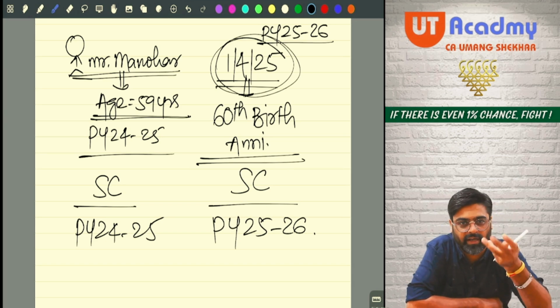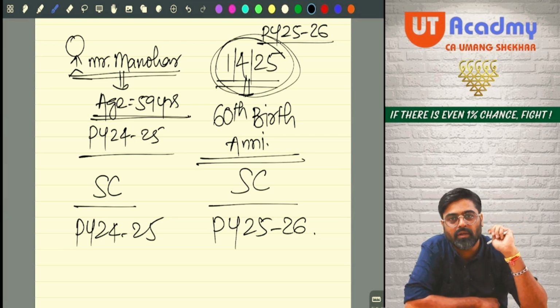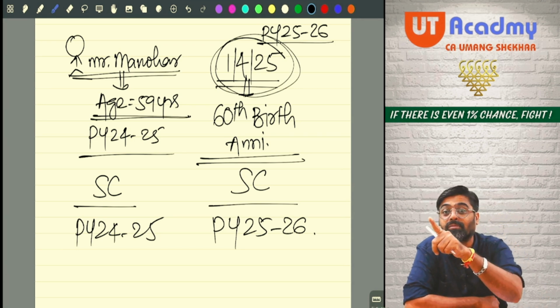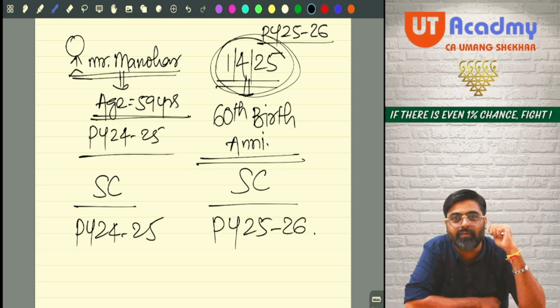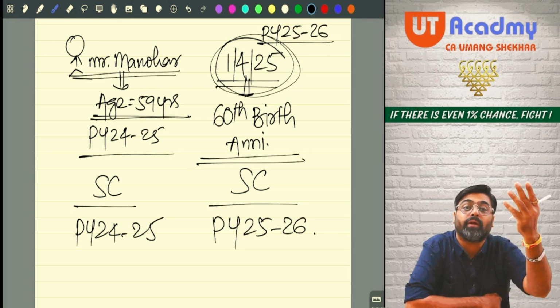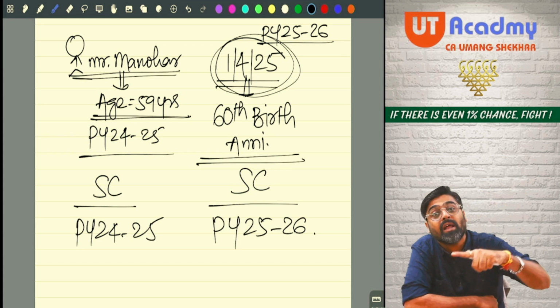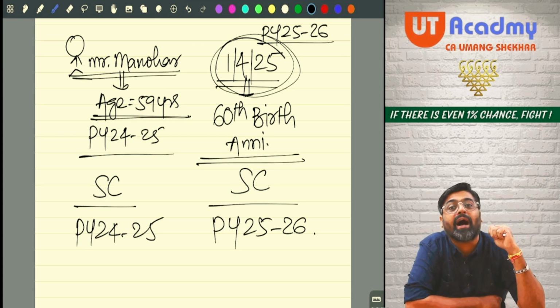Because if he is treated as a senior citizen from 24-25 onwards, he will start getting the higher basic exemption limit from 24-25 only. But what if he gets treated as a senior citizen from 25-26 onwards? He will get a basic exemption limit of 2,50,000 this year, and from next year he will start getting the higher basic exemption limit of 3 lakhs.